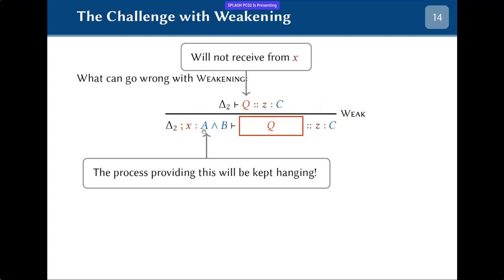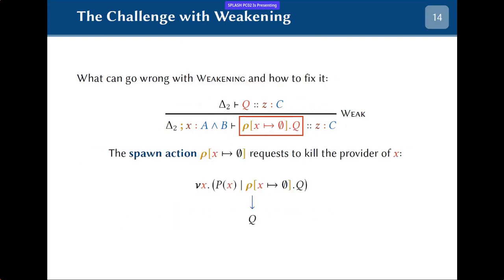We have a protocol sending A here, but Q doesn't really need it and will not use it. And so we would be leaving the provider of X hanging if we just were doing this naively. And what we do is instead insert a killing spawn action that has the effect of killing the provider of X from the context.